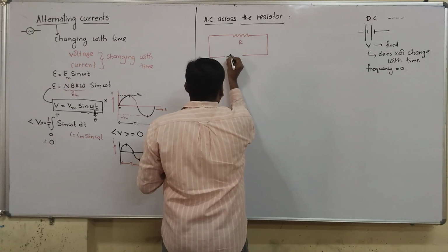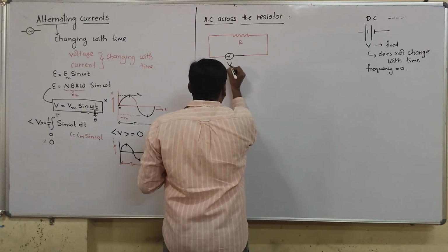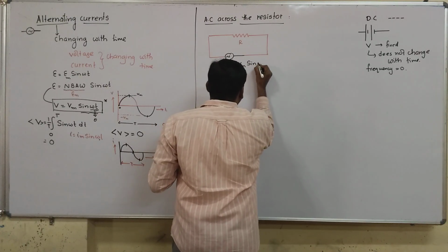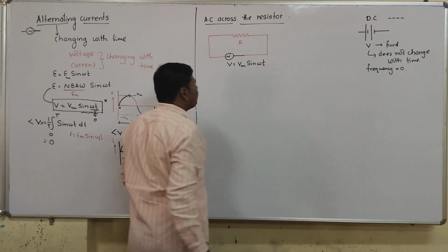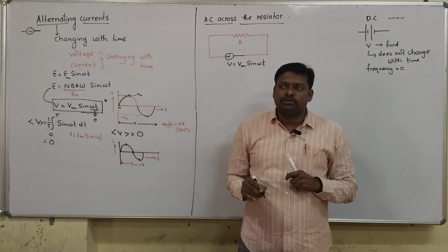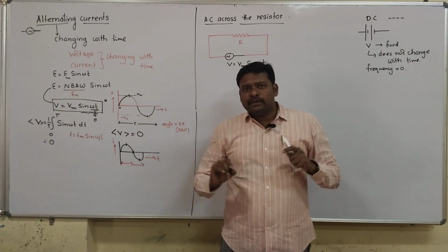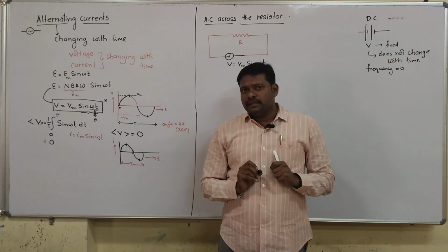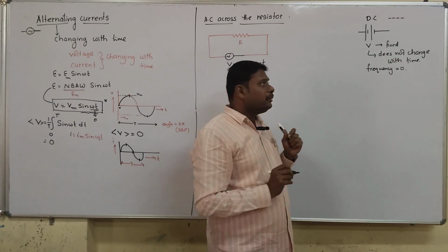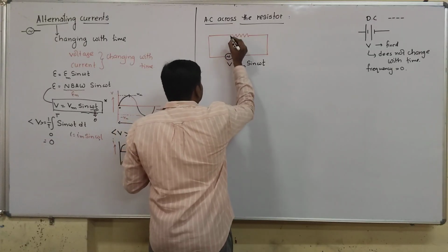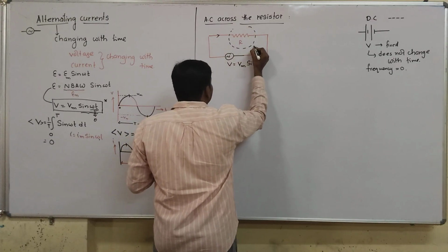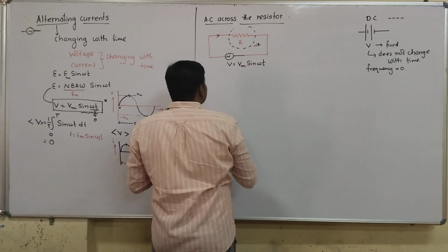The AC voltage V is equal to the sinusoidal voltage V max sine omega t. You know very well, while studying Kirchhoff's voltage rule and current rule, that along the direction of the current the voltage drop across a resistor is taken as negative, minus IR. Generally we take it along the direction of the current.